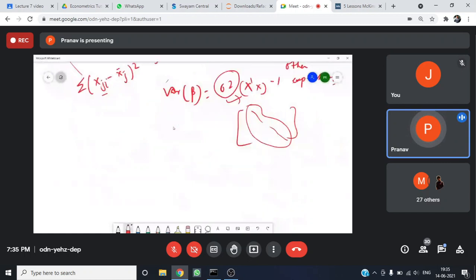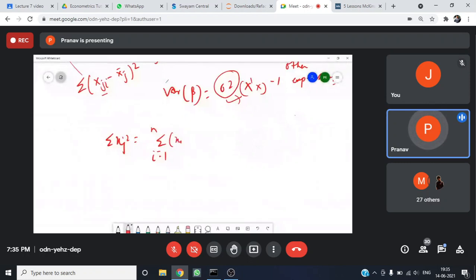So look, what is this summation xj square? If you have n number of observations, it can be written as the summation of xji minus xj hat, whole square. And if I divide this by n, it becomes the variance of xj. So this whole term I can also write as n times the variance of xj.